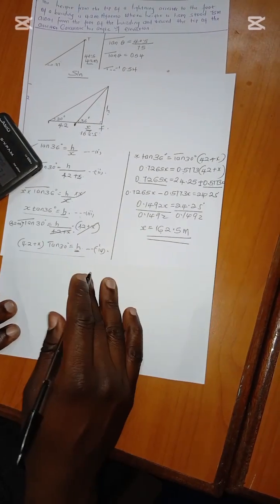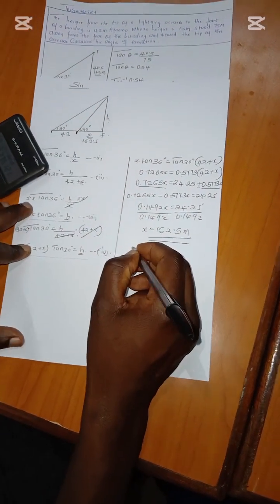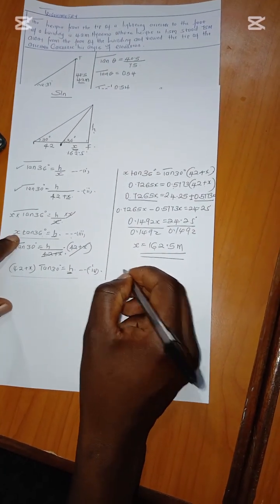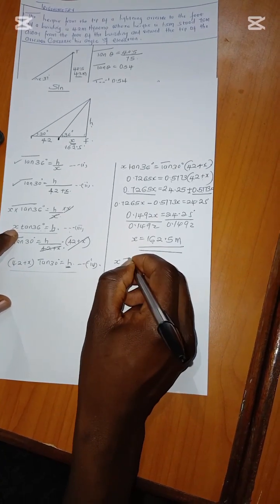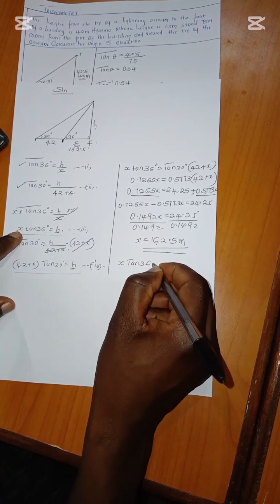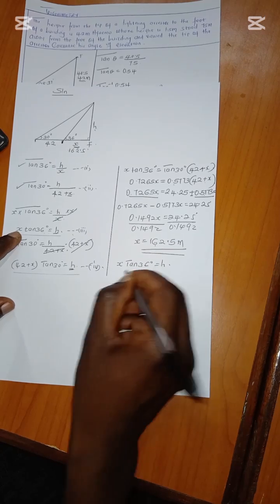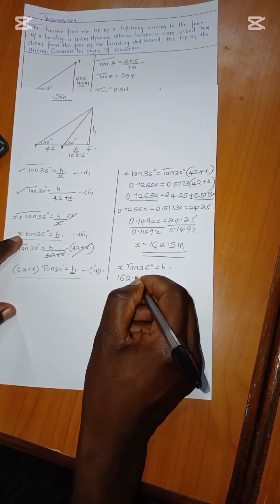Again, let's go back. Equation 1 told us that x tan 36 degrees will give us the height, and our x is 162.5.